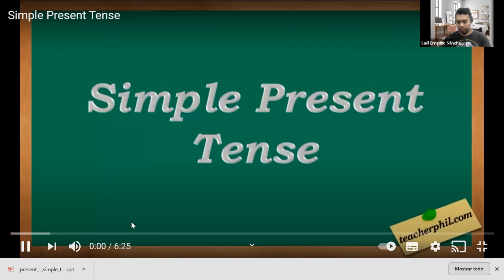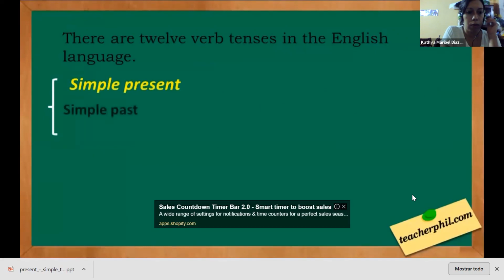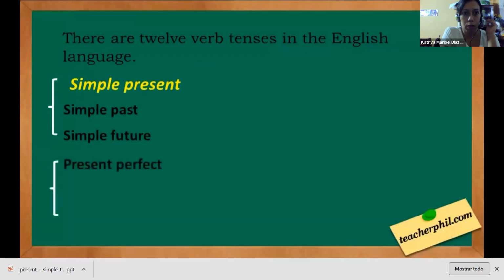Simple present tense. There are 12 verb tenses in the English language. For the simple tenses, we have the simple present, simple past, and simple future. For the perfect tenses, we have the present perfect, past perfect, and future perfect.